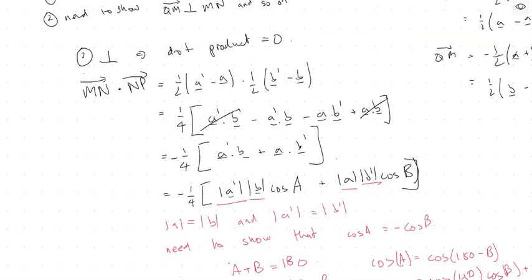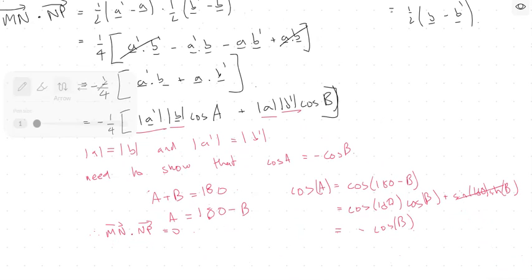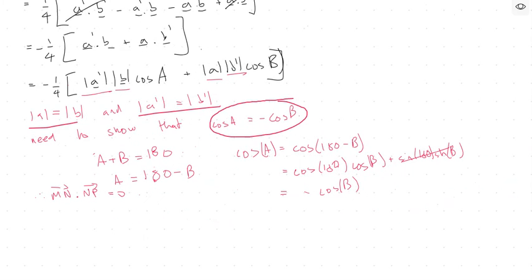To do that, I dotted them, and then I used the definition of the mod here and here, and then we know that these are equal from the question. So now what we need to show is that cos of A equals minus cos of B, and to do that I use the fact that A plus B is 180, and then at the end you get cos A equals minus cos of B.